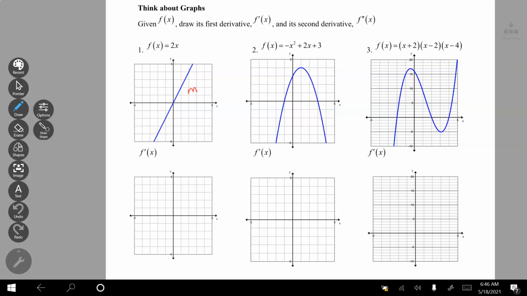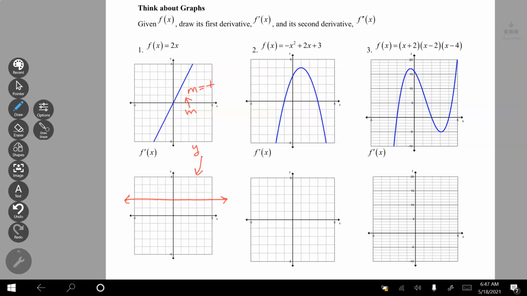This slope is always a positive number, and I know for this example it's positive 2. So it becomes just 2 the whole time. So the slope here becomes y values here. Since the slope is always 2, the y values are always 2.